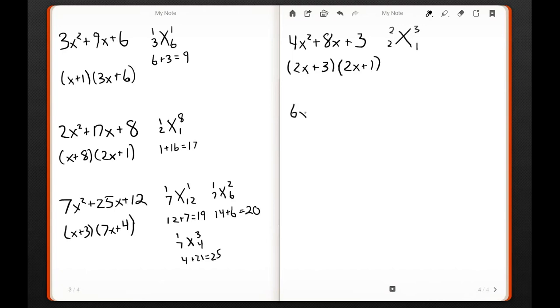Okay, let's do another one like that where we have many different possibilities for the coefficient of x squared in the problem. Okay, 6. We have 1 and 6 and 2 and 3. Now, you might be thinking, well, we could reverse those, right? And then we would have 3 and 2 and 6 and 1.